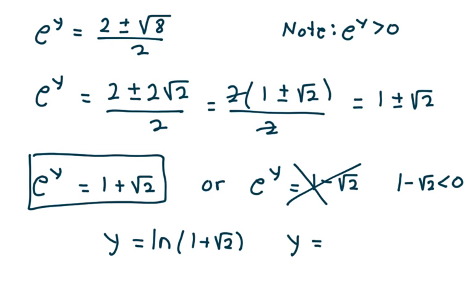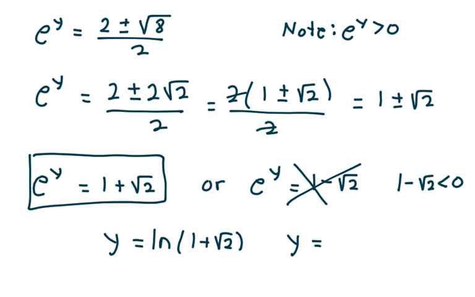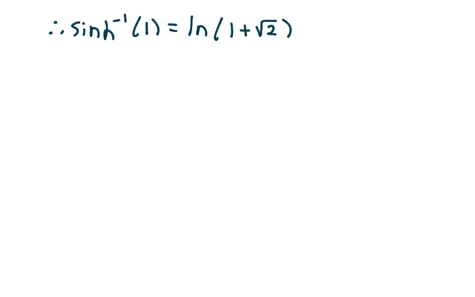But remember y is equal to, let's go back, the inverse hyperbolic sine of 1. Okay? And so therefore, the inverse hyperbolic sine of 1 is natural log of 1 plus the square root of 2. And that's going to conclude this video for section 3.11, where we did problems 1 through 6. Thank you.